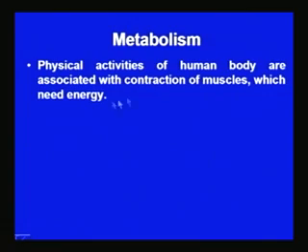Since different amounts of energy are required in carrying out different types of jobs, while the job is done, the amount of heat generated also varies with the nature of work which is to be done. The physical activities of the human body which are associated with the contraction of the muscles need energy.